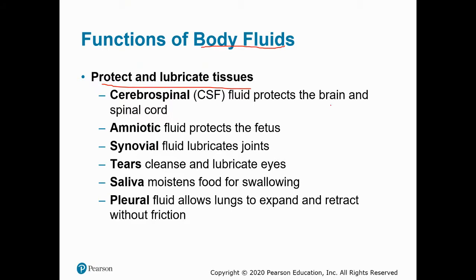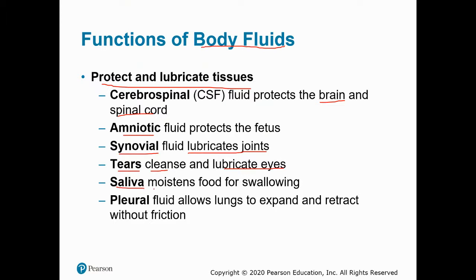So we have cerebral spinal fluid. This is a fluid that protects the brain and the spinal cord. We have amniotic fluid in a pregnant person. This is a fluid that's going to protect the fetus. We have synovial fluid that lubricates our joints. We have tears that clean and lubricate our eyes.